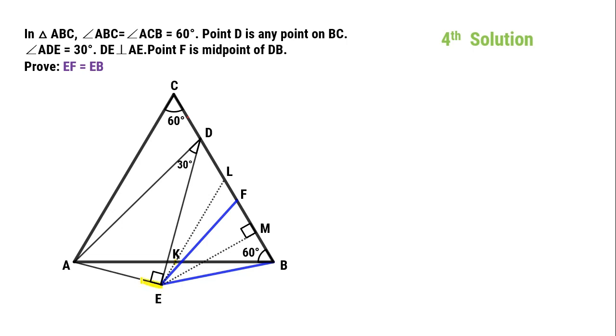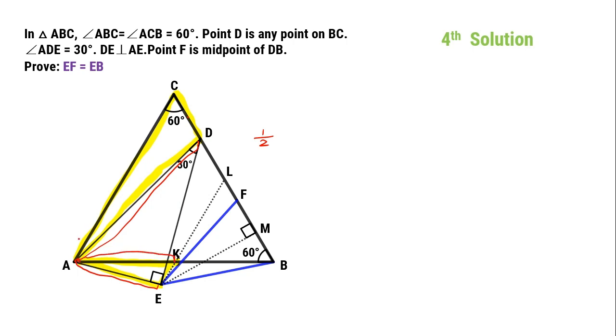Let's focus on triangle EAK and triangle DAC. EA over AD is 1/2, because triangle AED is a 30, 60, 90 triangle.